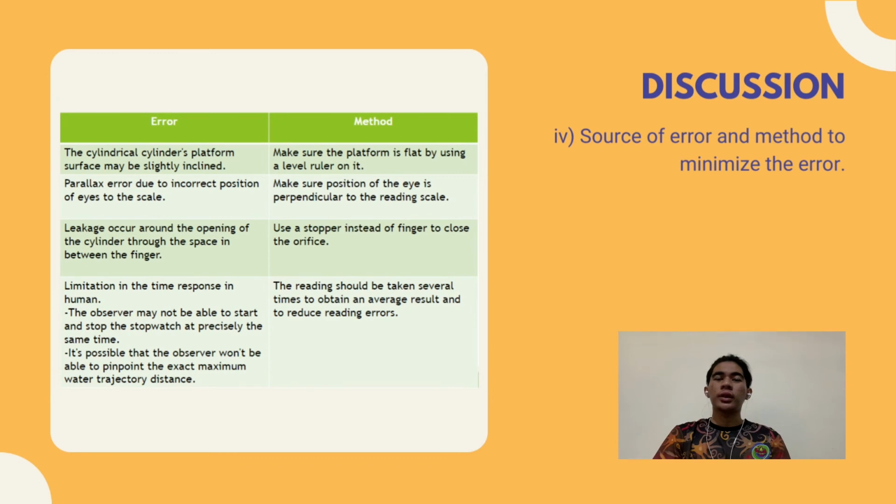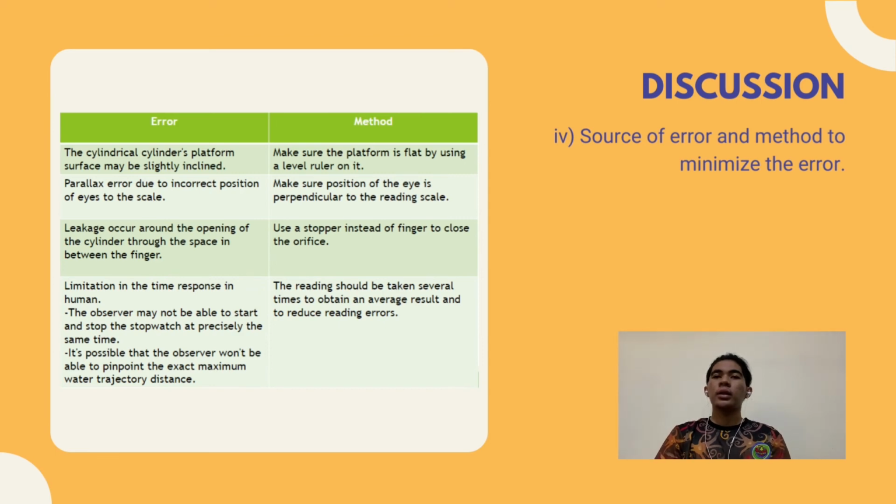The last question for the discussion is the source of error and method to minimize the error. The first error that we encountered is that the cylinder platform surface may be slightly inclined. To minimize this error, make sure the platform is flat by using a level ruler on it.